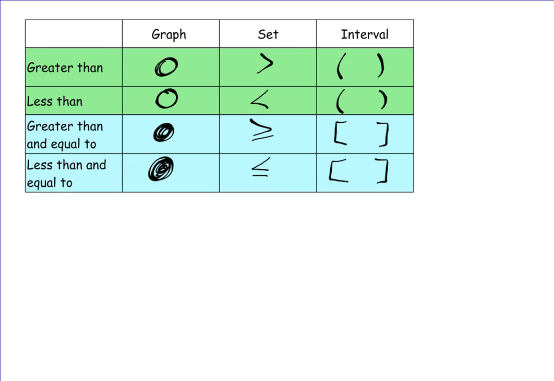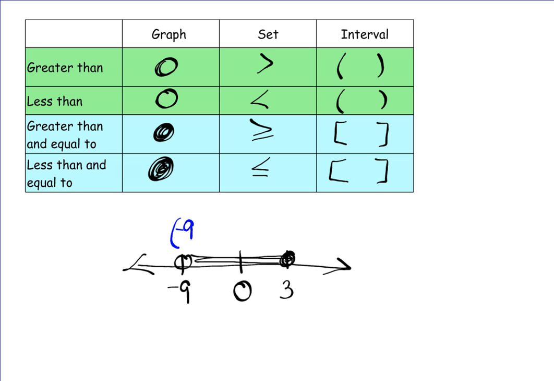For example, if I had this picture here, I have a closed dot and I have an open dot and I have an interval in between. Now that I have it graphed, it's real easy. Open dot means a parenthesis at -9.